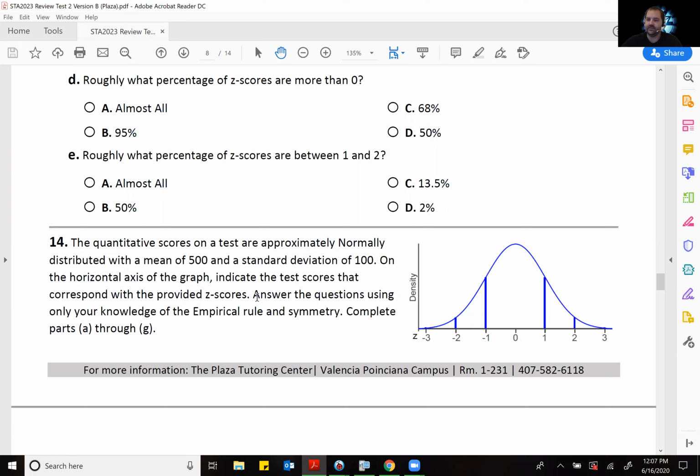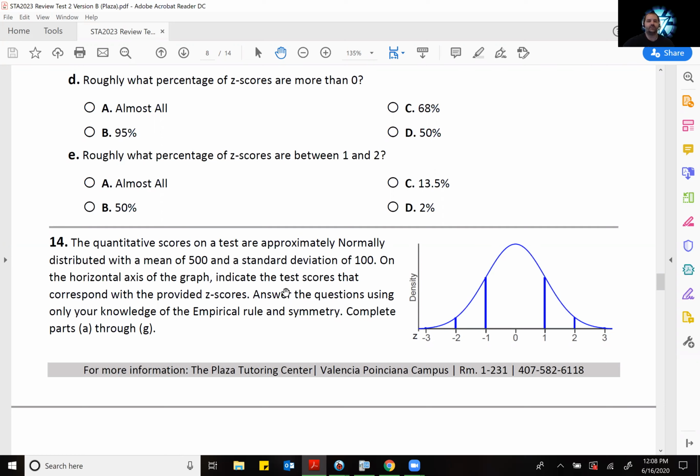If I remember right, this is where we got our Greek letters of mu and all that, correct? Maybe not. So we've got a mean X bar of 500 and a standard deviation S of 100.